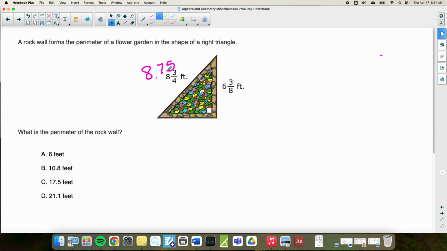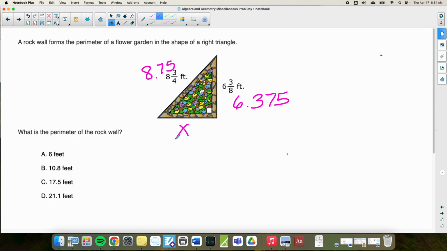You may not know what 3/8 is, but if you had to do this, I would think they'd give you a calculator. So do you guys know to change 3/8 to a decimal, you can just go 3 divided by 8, and that's 0.375, I believe. Okay, did anyone try that? Okay, thank you. And then we have to find this side.